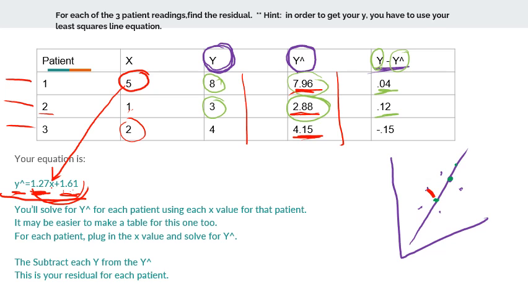Then for patient 3, we take 4 minus 4.15, and that will give us negative 0.15, sorry. Then you can look at these numbers and go, those are really, really small numbers, so I think that makes the line equation that we have pretty darn good.